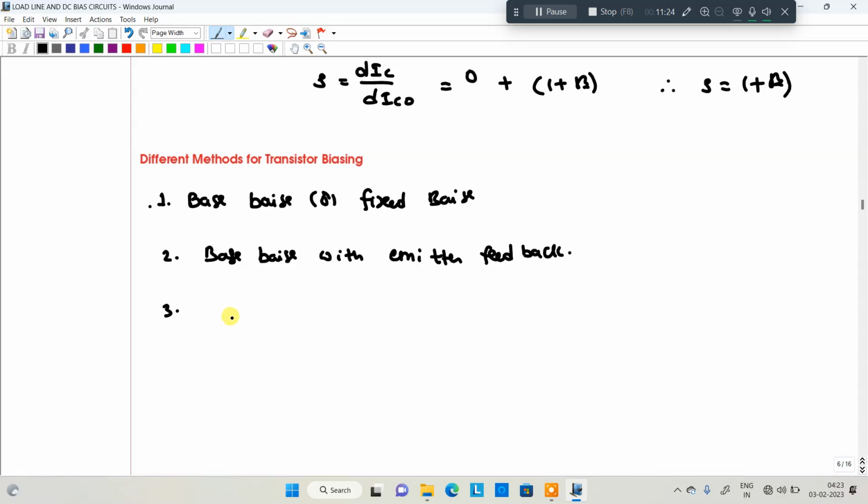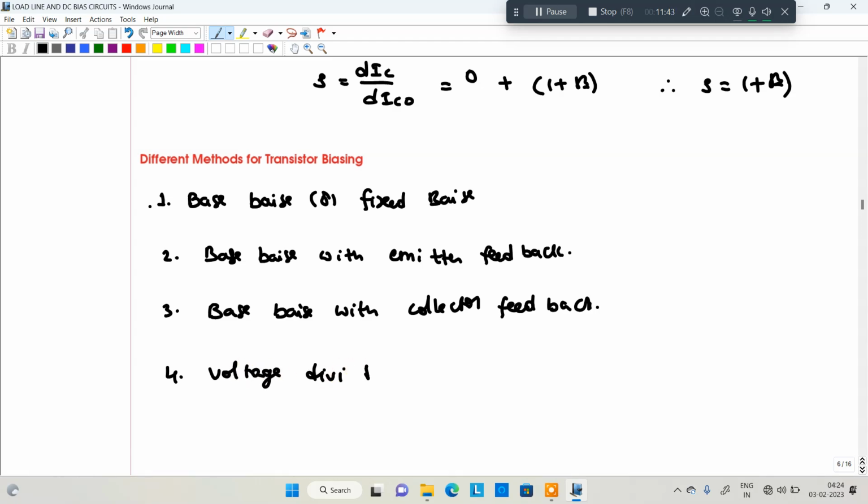Third, base bias with collector feedback. Fourth, voltage divider bias. These are the biasing techniques.